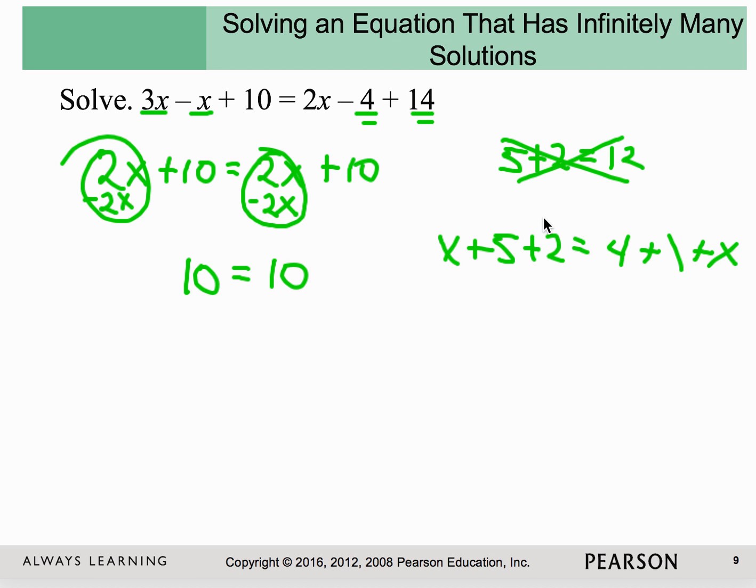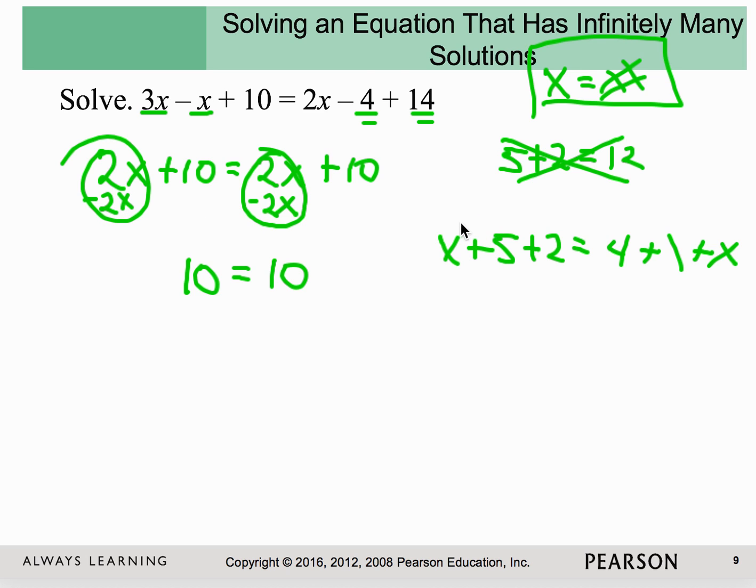So our choices are, you get an answer, it's a bad problem and there's not an answer, or it's really the same problem and there's an infinite number of answers. As long as we work our problem down like we have been and we get x, or our variable, equals a number, then we've got an answer and we're done. If our variables ever disappear, then it's one of these 2 cases.